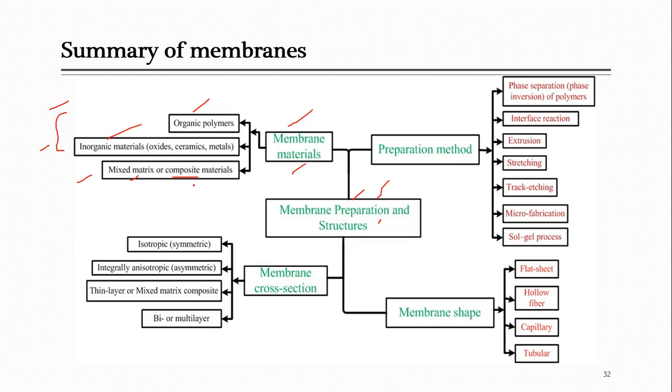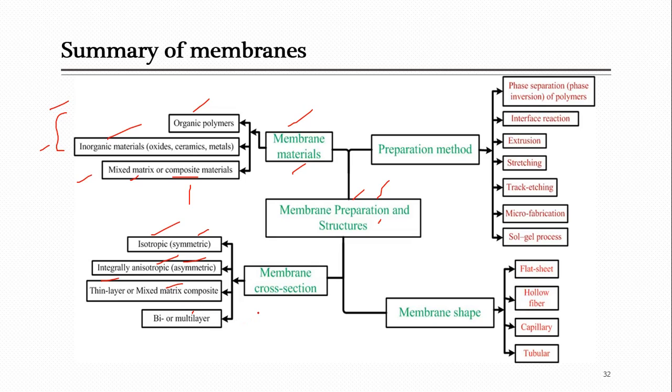After that, when you look at the membrane cross section, there is the diagram we have discussed: isotropic or symmetric, and anisotropic or asymmetric, in which the structure is not the same throughout the membrane. Then they can have a thin layer or mixed matrix, bi- or multi-layer.